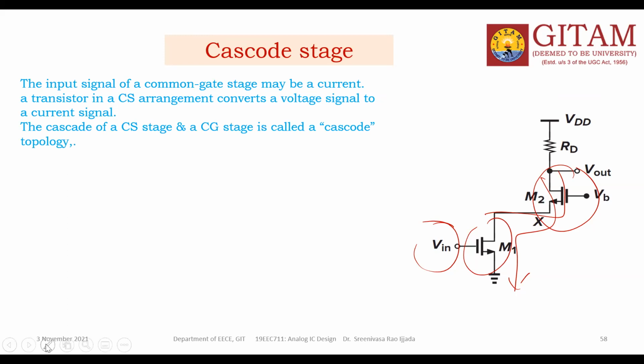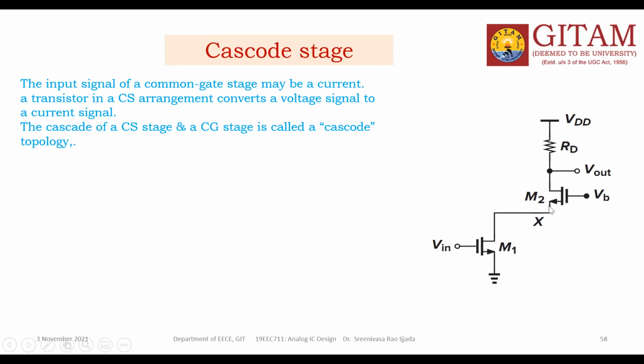That's why it's called the cascode. The M1 device output is current, and that current is given as the input to the M2 device, at the source terminal.